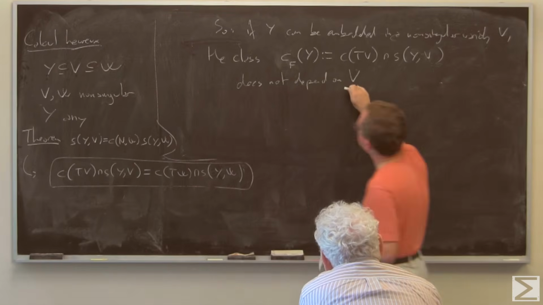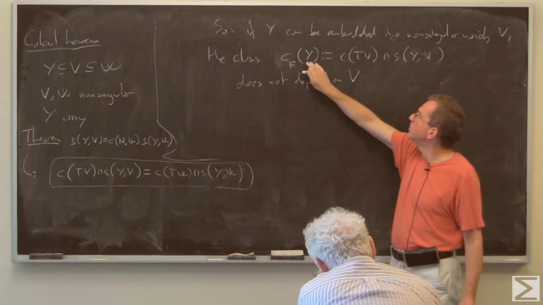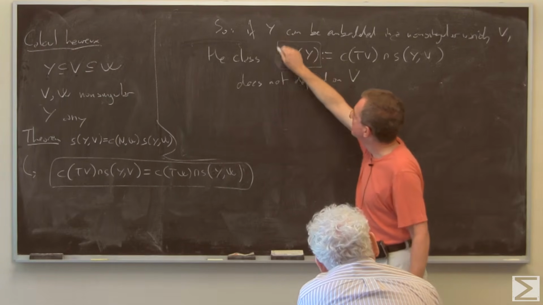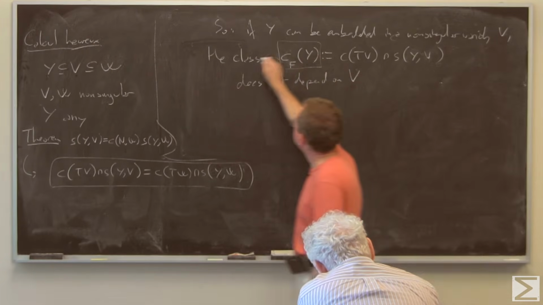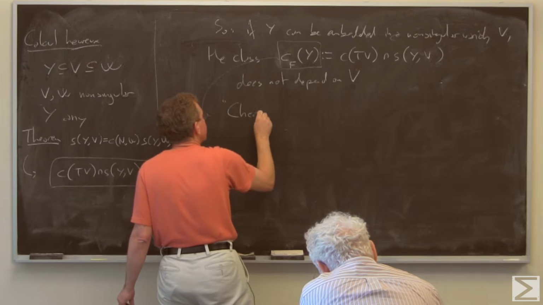It does not depend on V, so I don't need to carry along the notation V. It's a canonically defined class for any embeddable subscheme. I call it c_F because I call it the Chern-Fulton class.